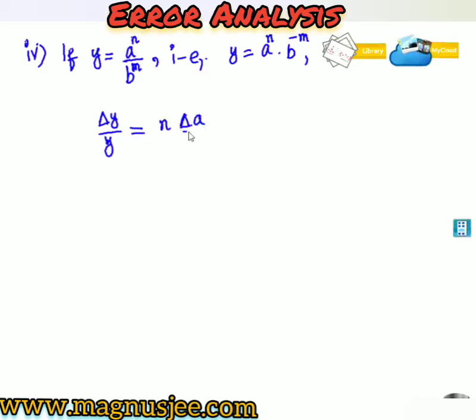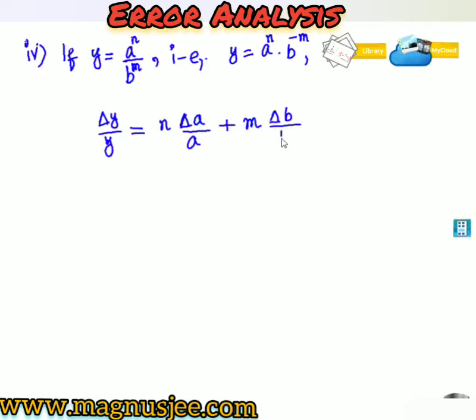If y equal a to the power n divided by b to the power m, that is y equal a to the power n dot b to the power minus m, then what will be the expression of relative error in the measurement of y? Delta y by y will be equal to n delta a by a plus m delta b by b.